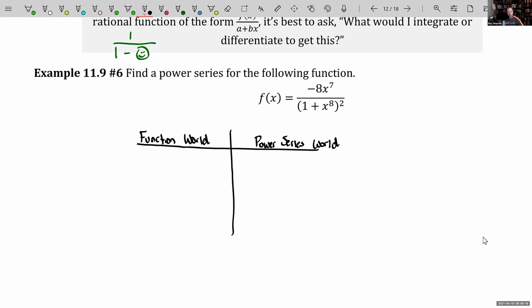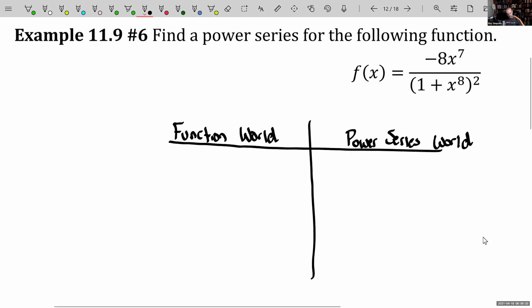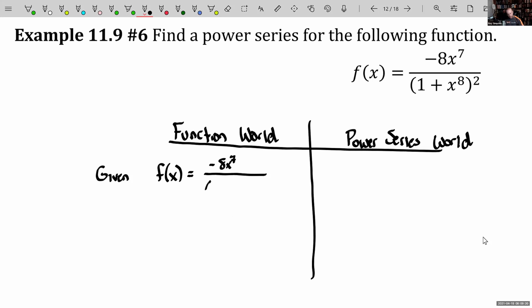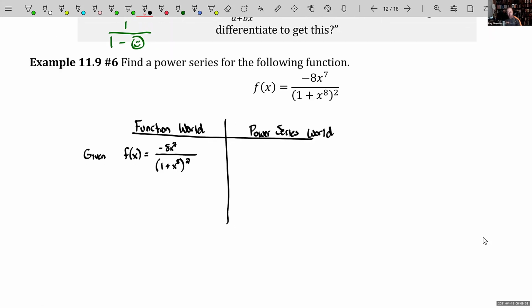All right, let's write down what we're given. And I'm really digging this. We're given a function which is equal to negative 8x to the 7th over the quantity 1 plus x to the 8th, squared. We want its related power series.